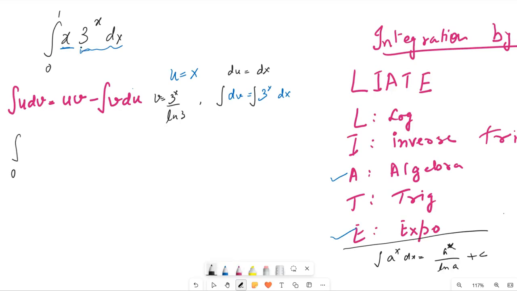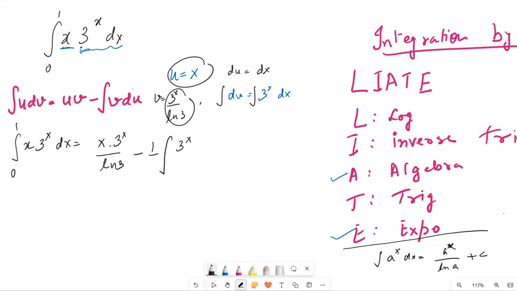Using that, our integral will be equal to uv. u is x, v is this, so x times this, minus the integral of v, which is 3^x by natural log of 3, a constant, so I'm going to write it down. du is just dx.